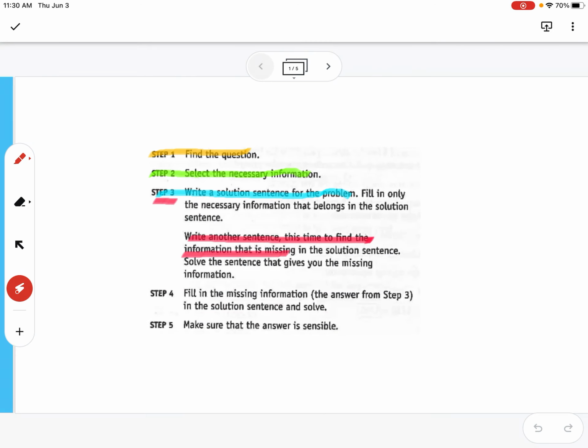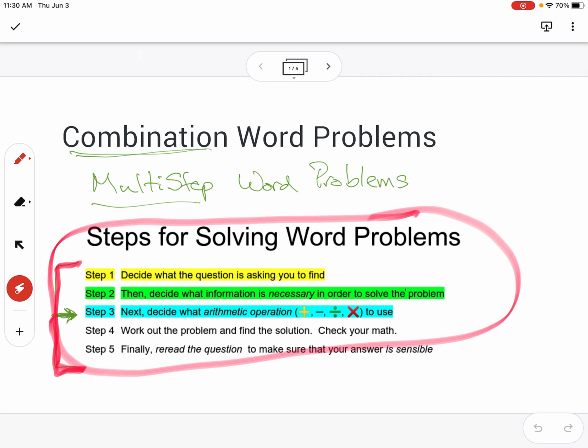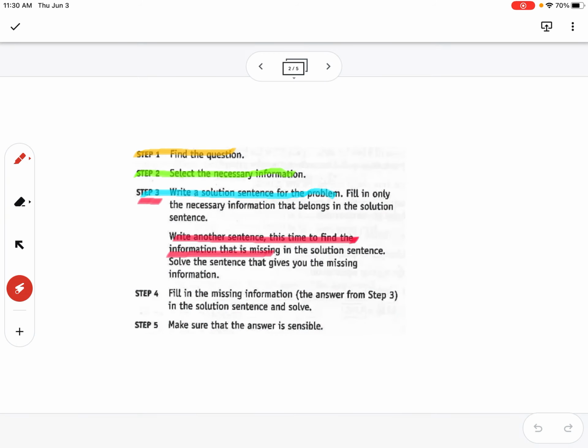Step 3 over here, when we had one step problems with one operation, step 3 was to decide which operation we are going to use. There's other videos that'll help us to do that, especially the videos about the 4 operations. Here in step 3 for the combination word problems, this strategy suggests that we start by writing a solution sentence for the problem.